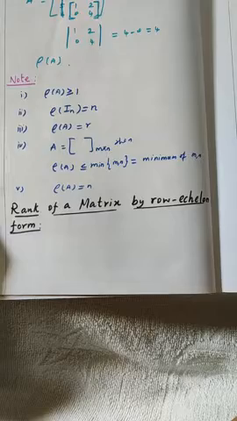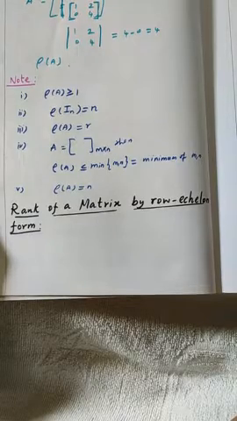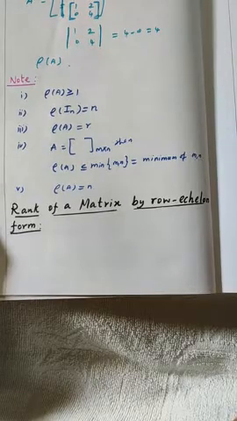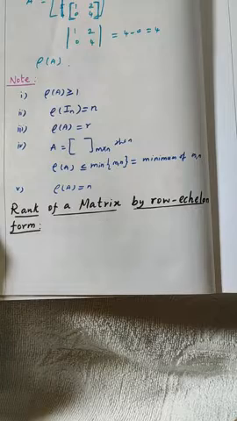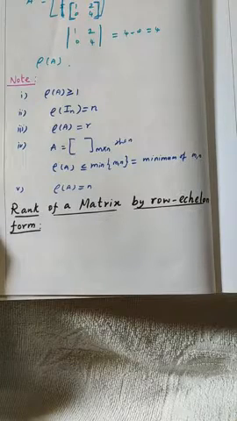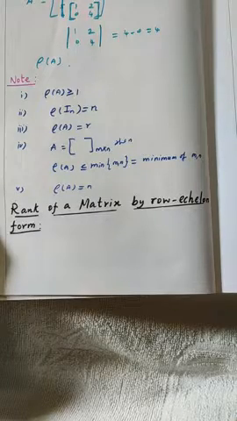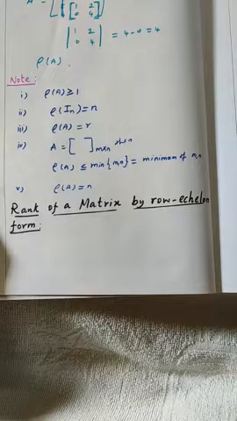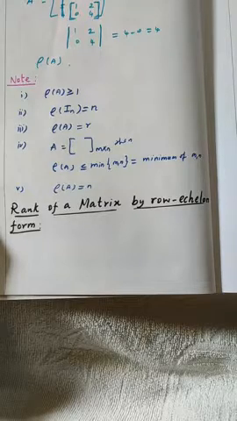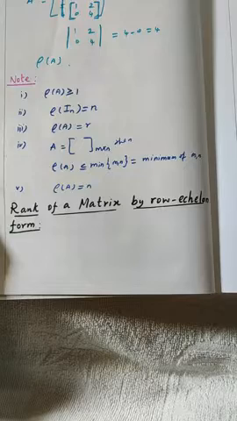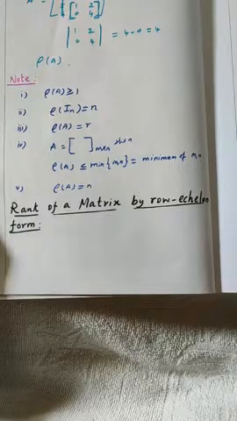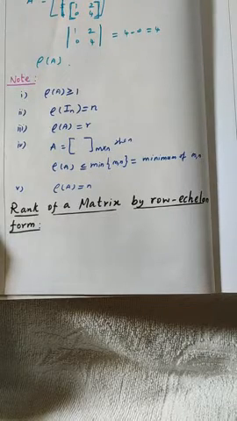Rank of a matrix by row echelon form. Why do we need this? Finding the rank of a matrix by searching for the highest order non-vanishing minor is quite boring. So there is another easy method for finding the rank of a matrix, even if the order of the matrix is high.